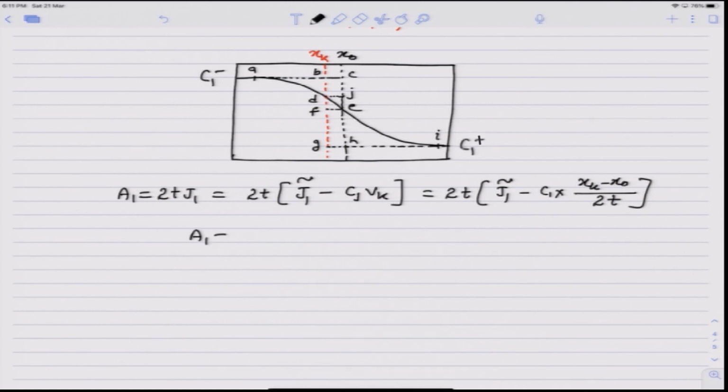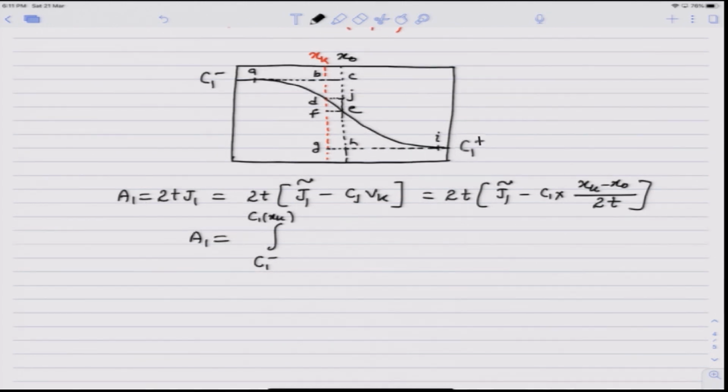So we have A1 is equal to 2t J1 tilde, which is nothing but integral from C1 minus to C1 at xk of (x minus x0) dC1, minus C1 times (xk minus x0).